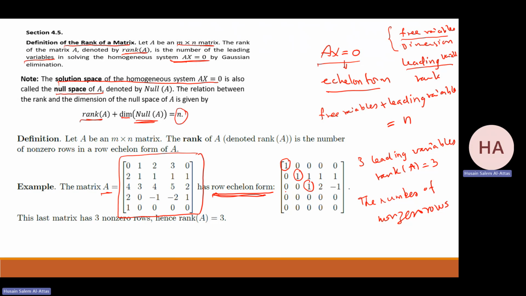How many rows do we have that are non-zero? 1, 2, 3. I have 3. The same thing: the rank of A is 3. So I have 2 definitions. The rank is the number of non-zero rows in a row echelon form.